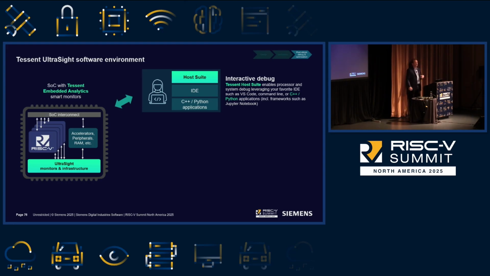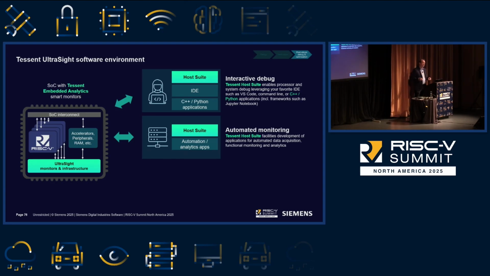You can also build your own applications if you have specific requirements through the API, so that's part of that system. And that can also be extended to automated monitoring. Again, you can build applications using our SDKs to do continuous monitoring when a system is deployed in the field, whether continuously or for remote debug.